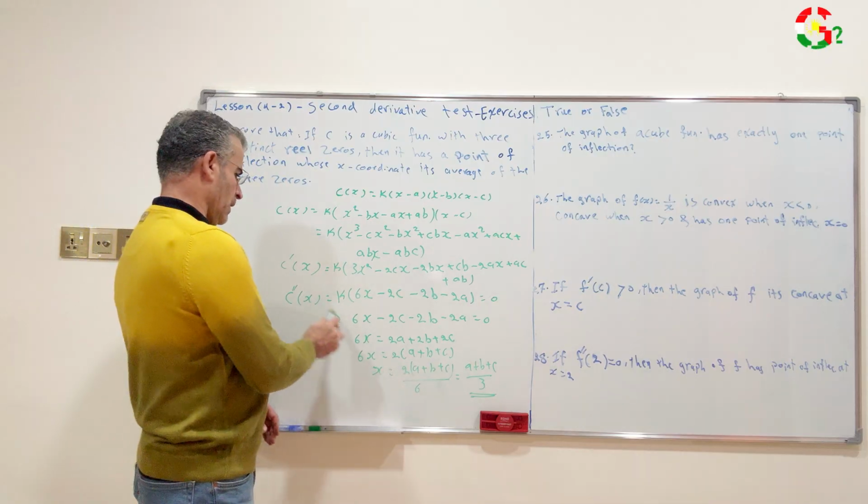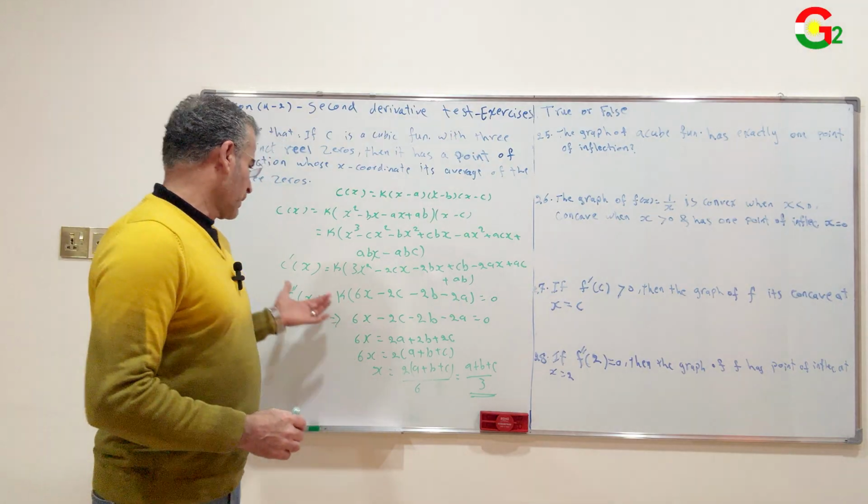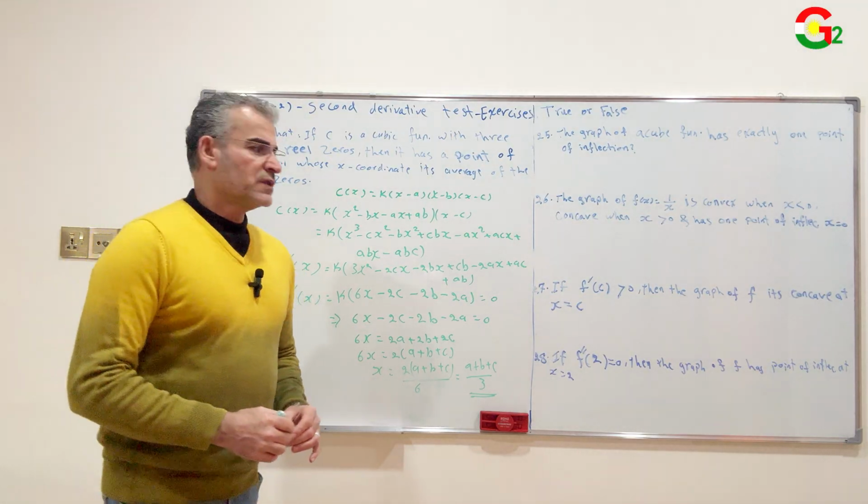And it is the point of inflection because it makes the second derivative 0.